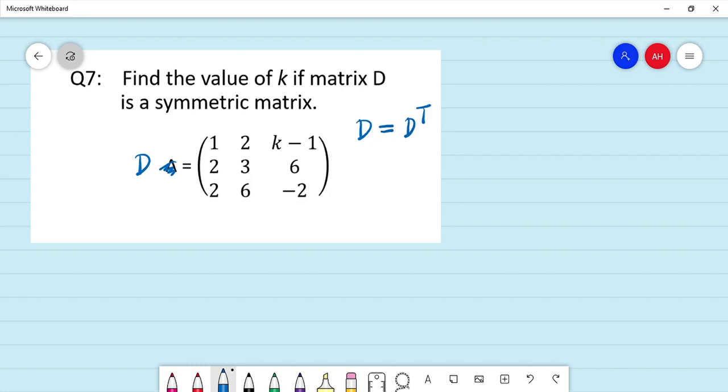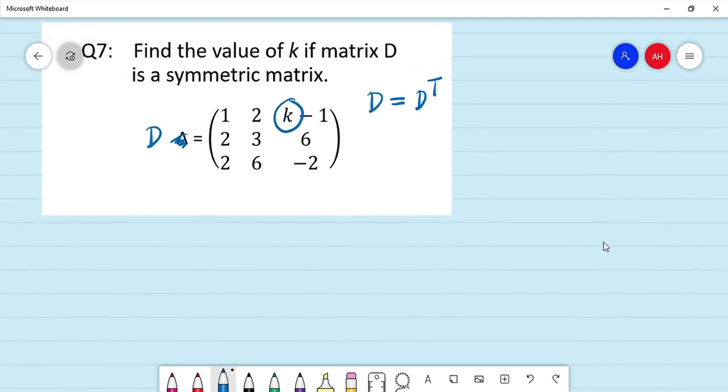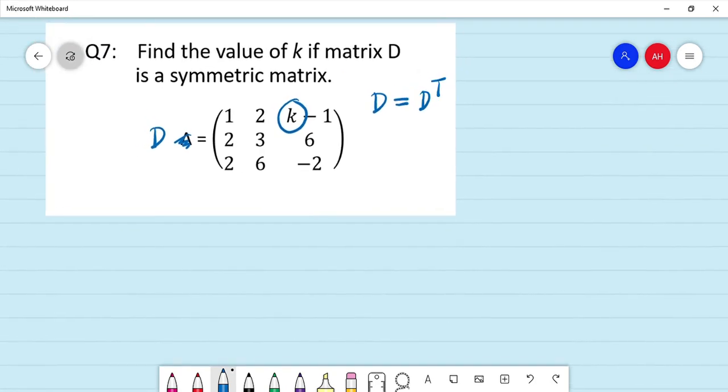Okay, we can do many different ways to solve this problem, that is to find the value for k. Maybe the first one we do like this. Since given that matrix D is symmetric, meaning matrix D is symmetrical about the main diagonal.